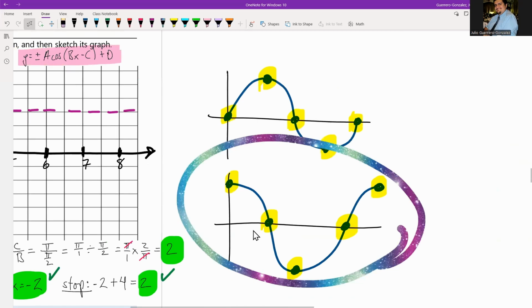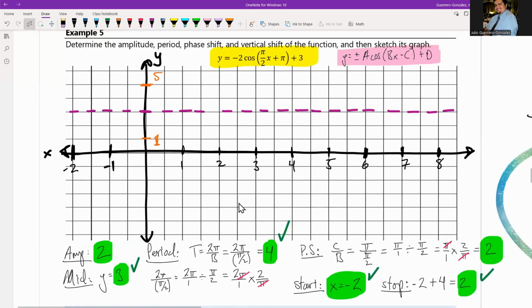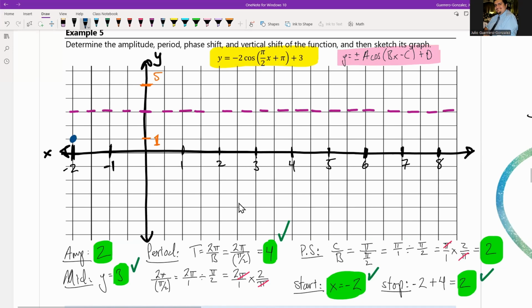It's going to be an upside down version of this one, right? So it's going to do this. I'm going to slap down the points for them, right? So it's going to start here, go up to here, go up to here, drop back down, and then drop back down. Then you can just connect the points, connect the dots like we did in kindergarten. Bam, bam, bam, bam, bam.